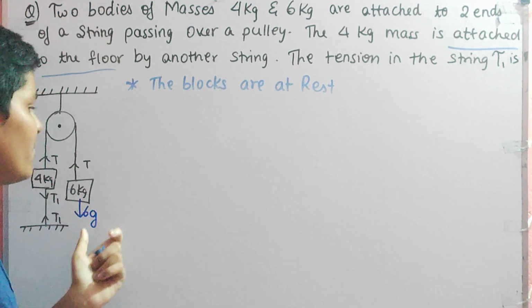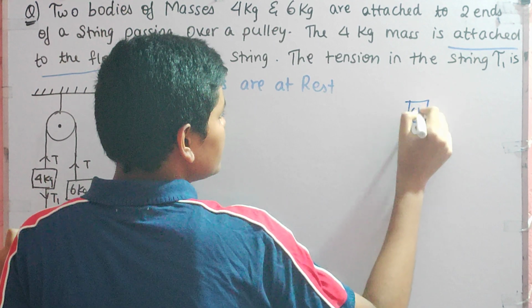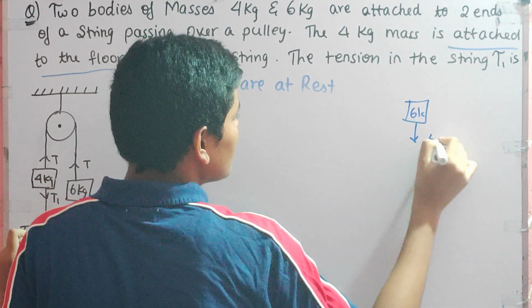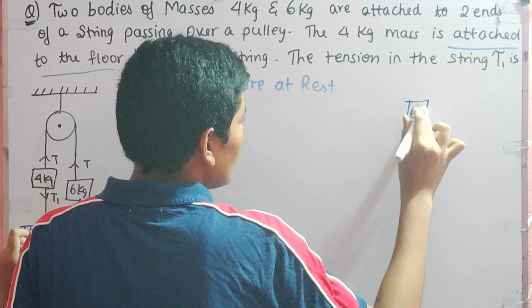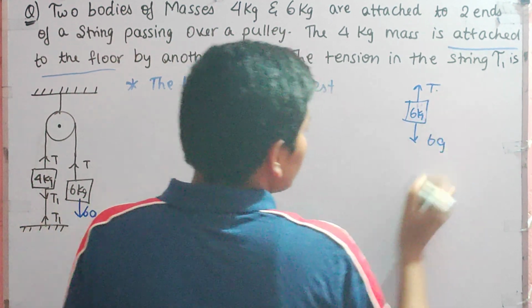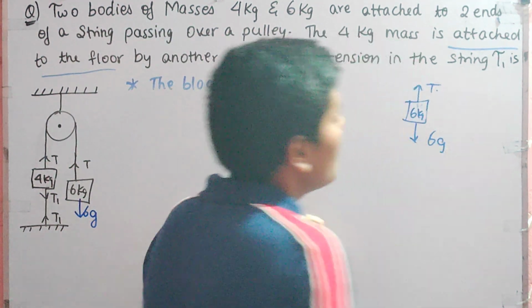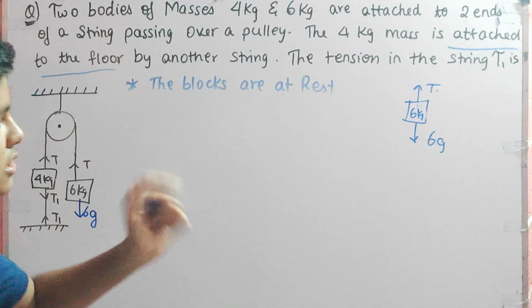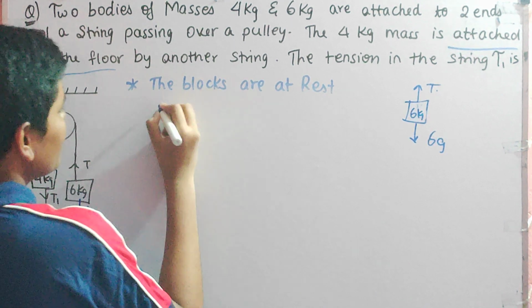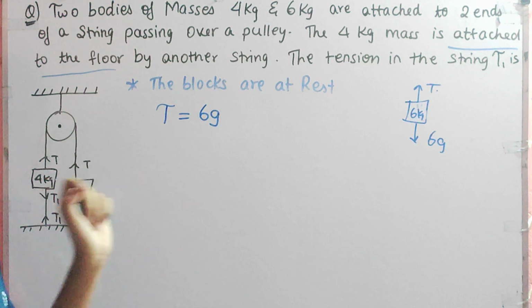So if we draw the free body diagram of the 6 kg, here there is 6g, and at the top there is tension T. Down the force is 6g and at the top the tension is T. But here the block is not moving. So first we can say T is equal to 6g. This is our first equation.